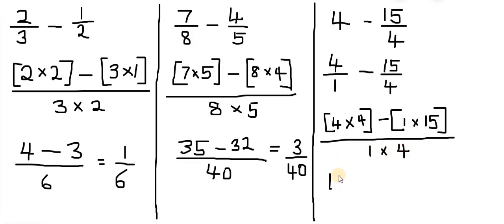Okay, so that's 16, minus 1 times 15, that's just 15, over 1 times 4, that's just 4, and so we end up with 1 over 4. Okay?